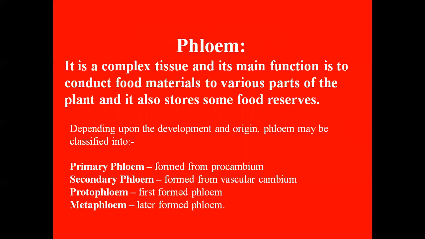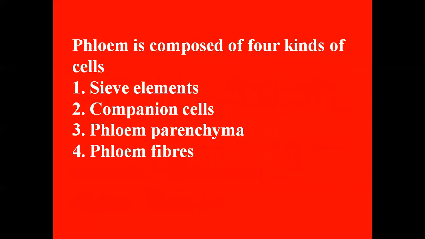Depending upon the development and origin, phloem may be classified into primary phloem, which is formed from procambium, secondary phloem, formed from vascular cambium, protophloem, which is the first formed phloem, and metaphloem, which is the later formed phloem.